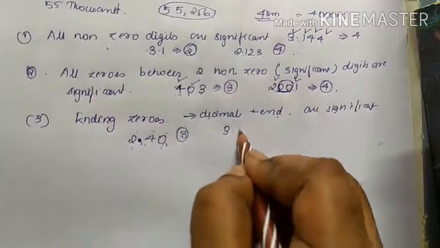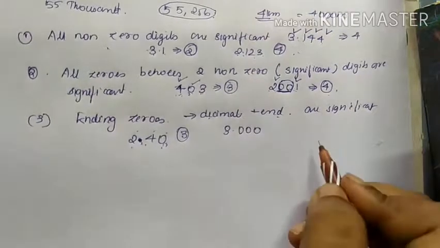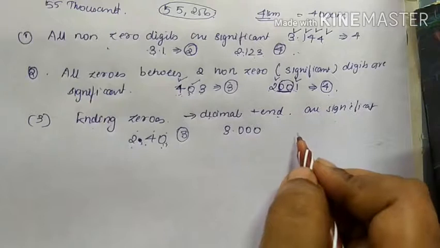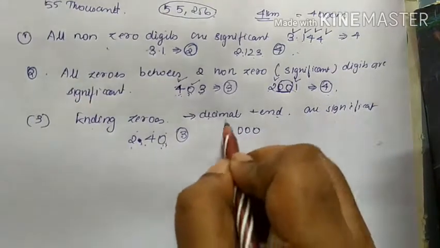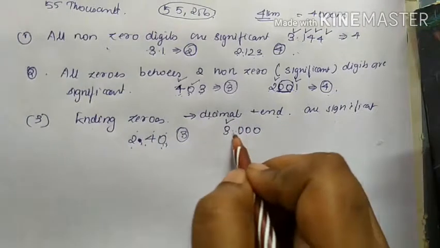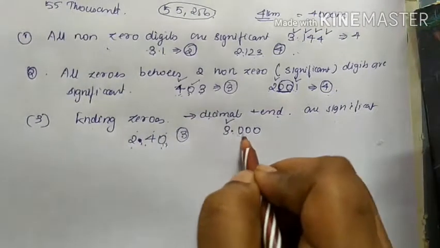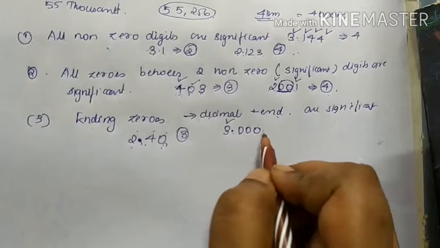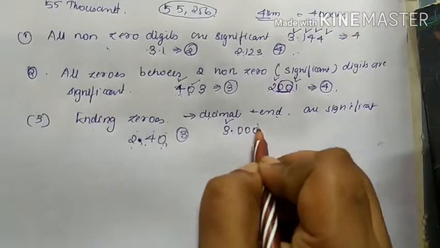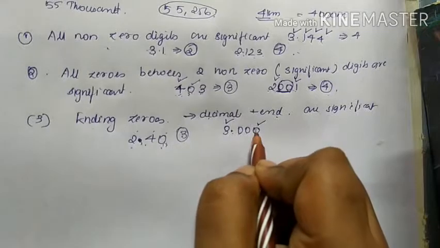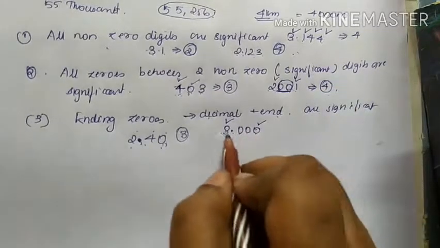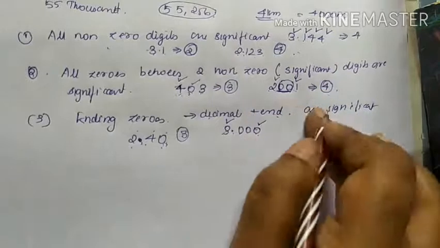Let's say about 3,000 with a decimal. How many significant figures are there? This 3 is significant, that I am sure. This last 0 is the ending digit, so it is significant, according to the rule.